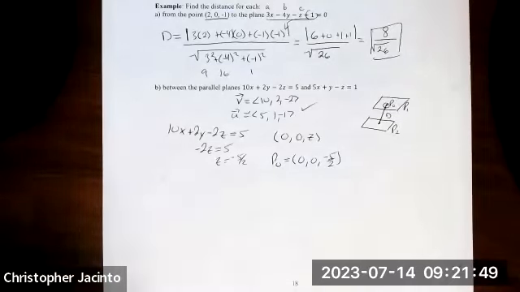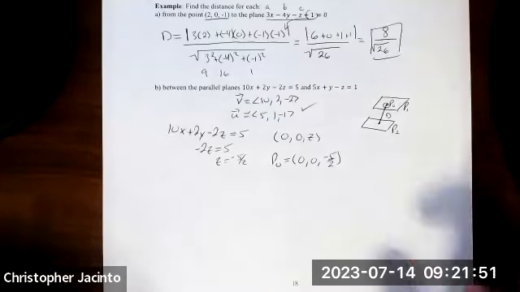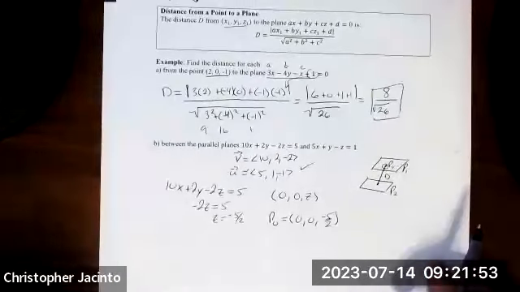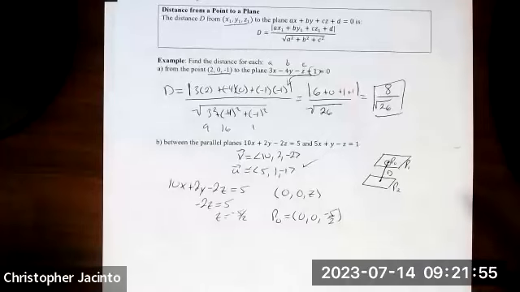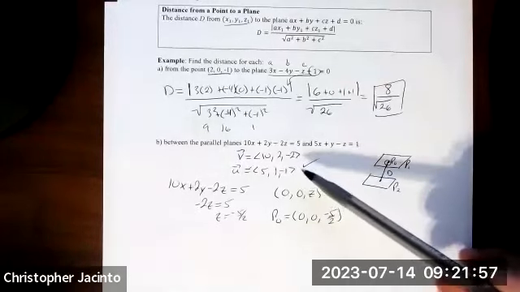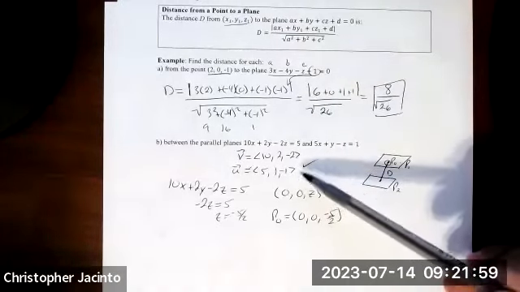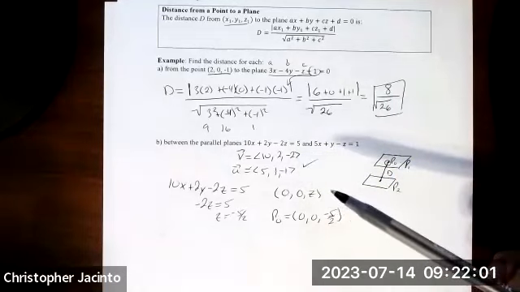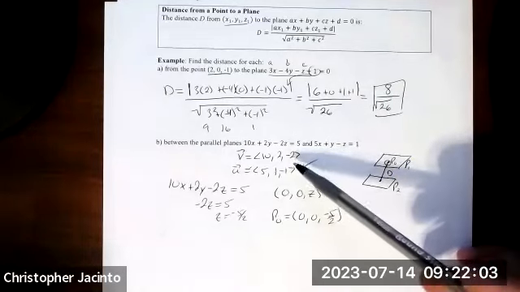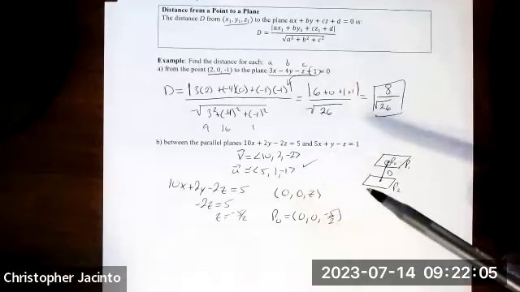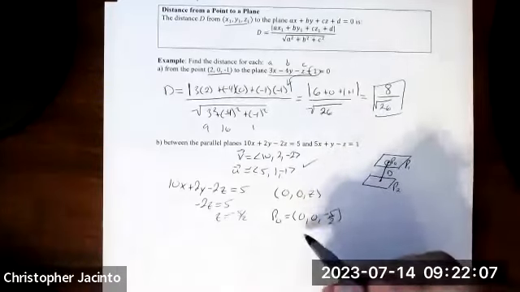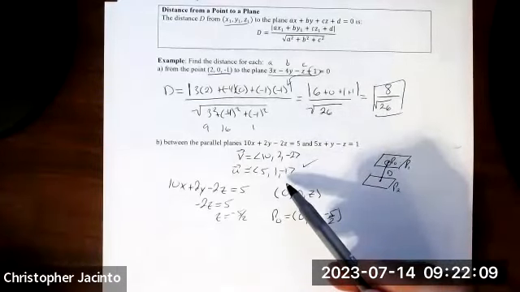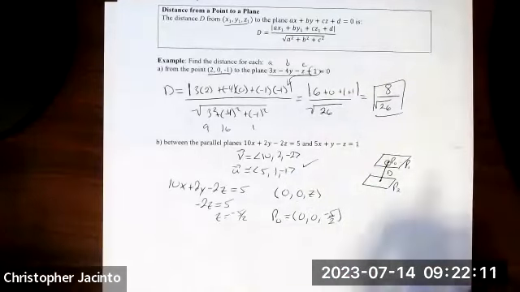Okay, so now that I have a point, according to my definition, I must also have the vector of the plane, which is fine because we already have the vector of the plane. We already checked that they are parallel to each other. So again, since they're scalar multiples, I'll just use the smaller of the two. So now we have a point and a vector that's on the plane. So now I could just find the distance itself.